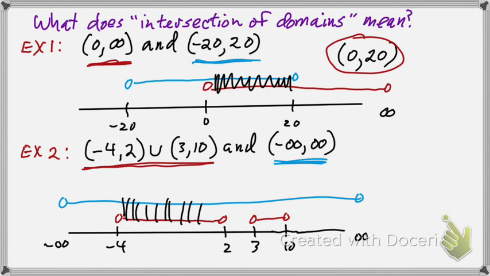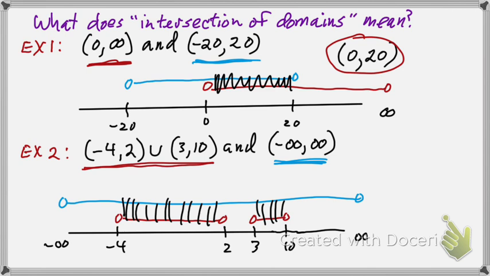Yeah, now notice something. If you are finding the intersection of negative infinity to positive infinity, like the blue one there, with something else, it's always just going to be the something else. Always.